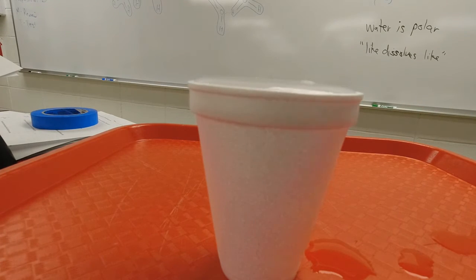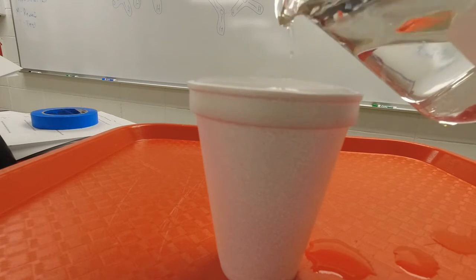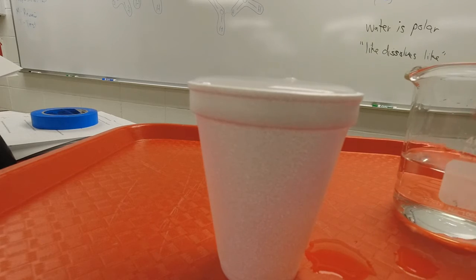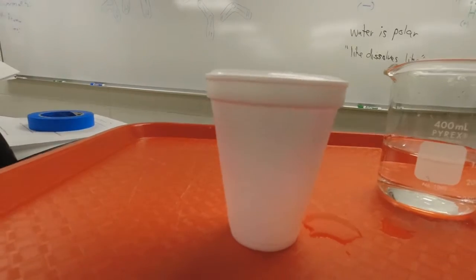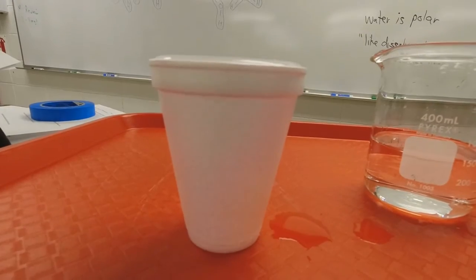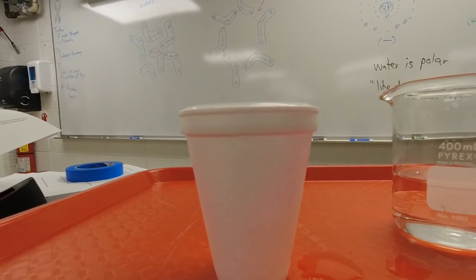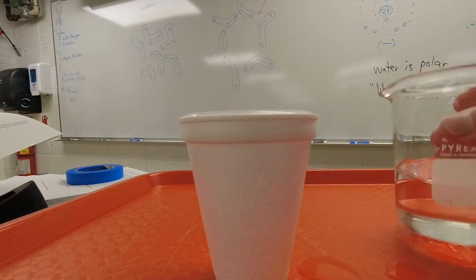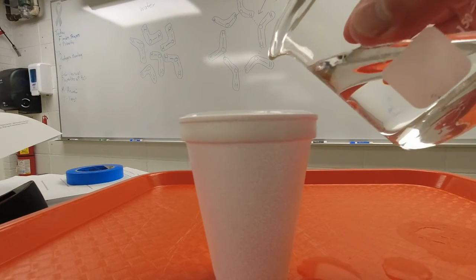I don't know if you guys can see it, but the water is actually above the level of the brim. I'm going to put this down just a little bit. Maybe you can see that a little better. Or just a little bit more and see if we can get a little more in there.